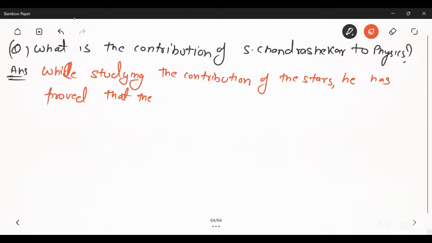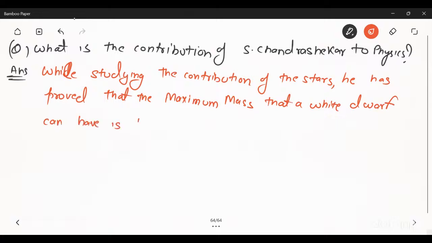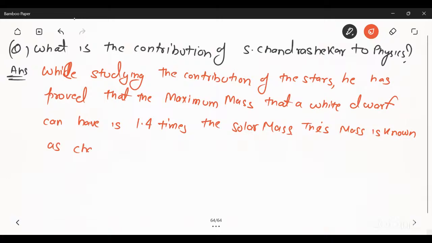the maximum mass that a white dwarf can have is 1.4 times the solar mass. This mass is known as the Chandrasekhar limit.